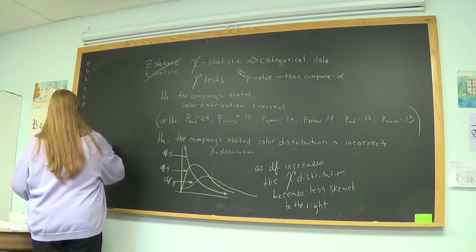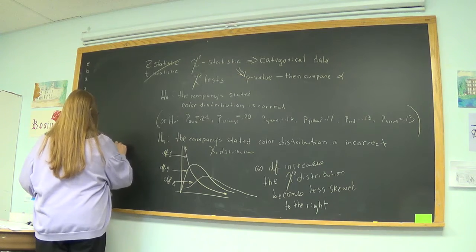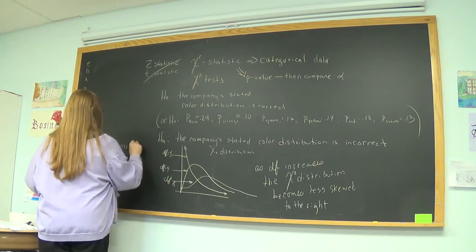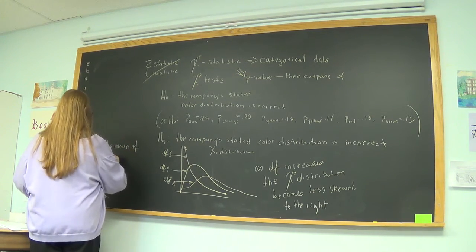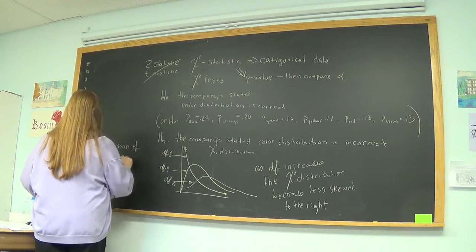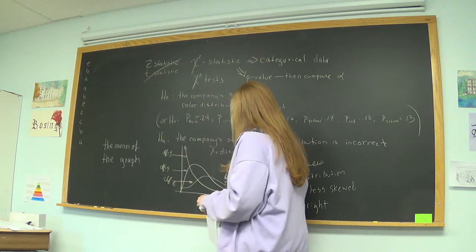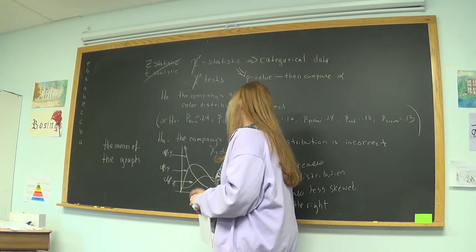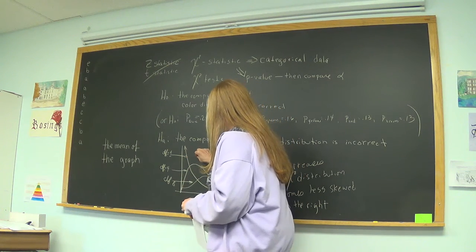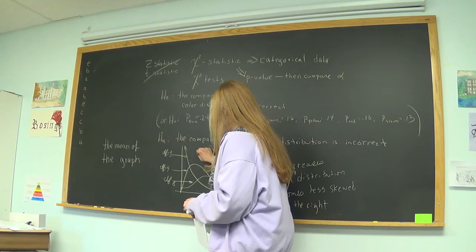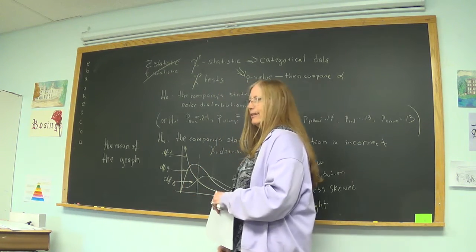The mean of the graph. So remember, the mean is pulled toward the tail. On the skewed graph, say our degree 4 one, this is the mean, I'm just guessing.